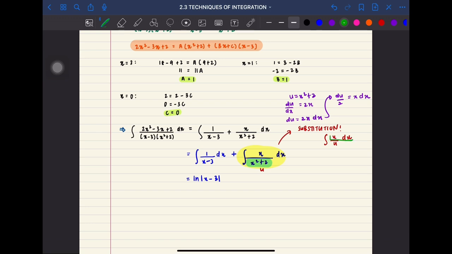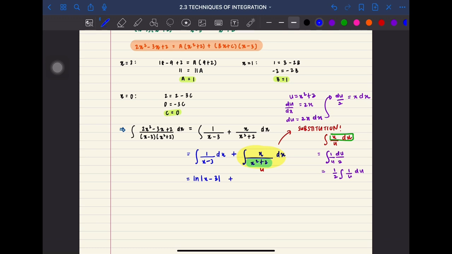So now you can substitute your x dx to become du over 2, and we still have 1 over u at the front. So you can bring out the constant 1 over 2, and then we have 1 over u du. Okay, so when everything has been changed in terms of u, you can put it back into your working step.